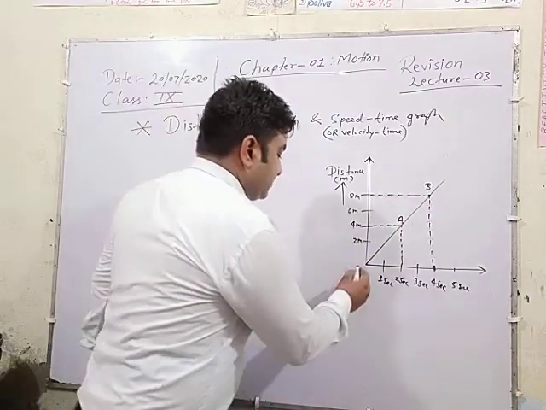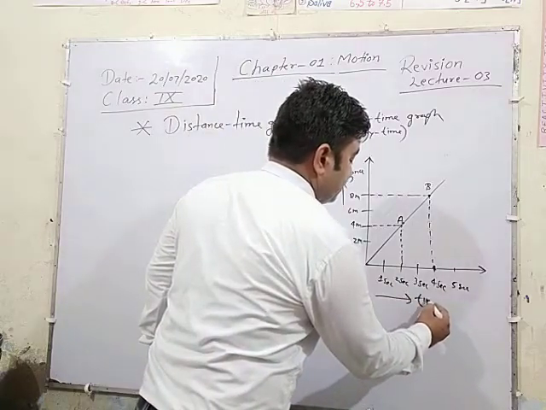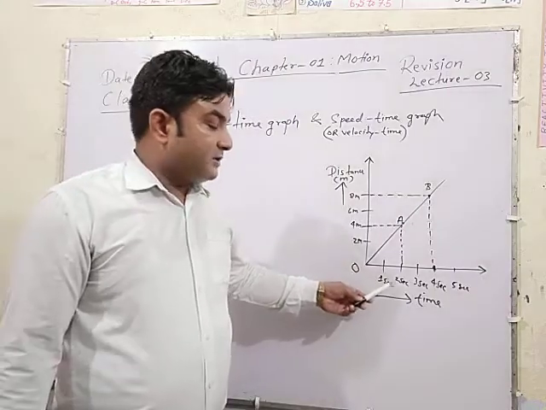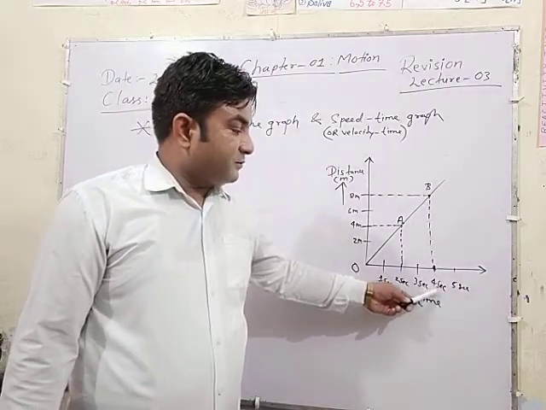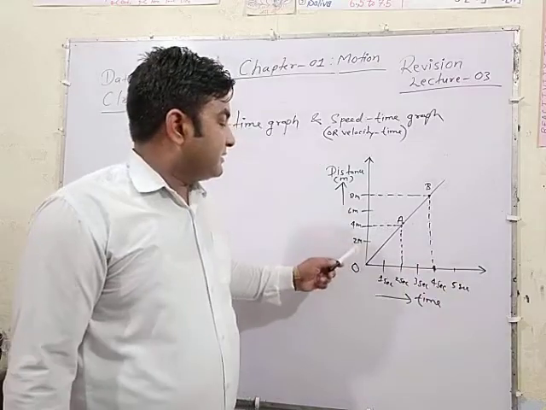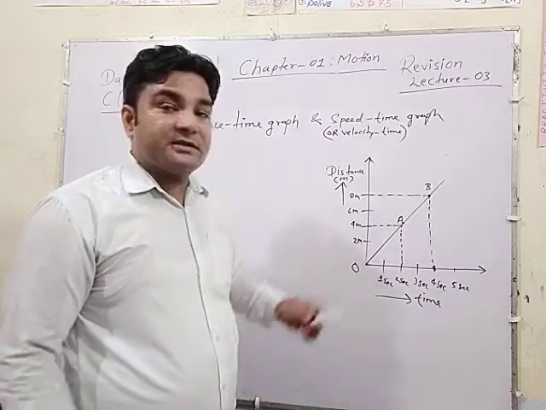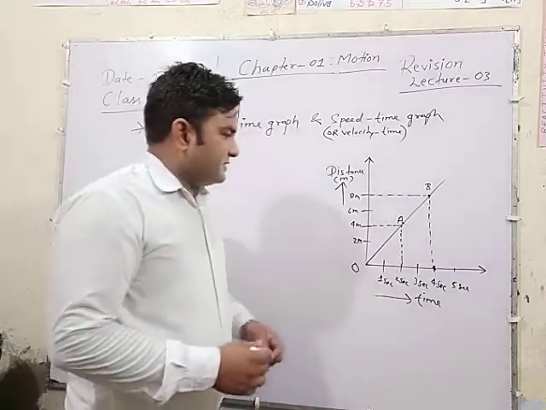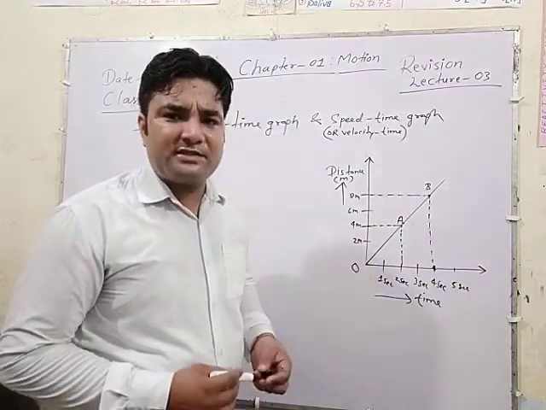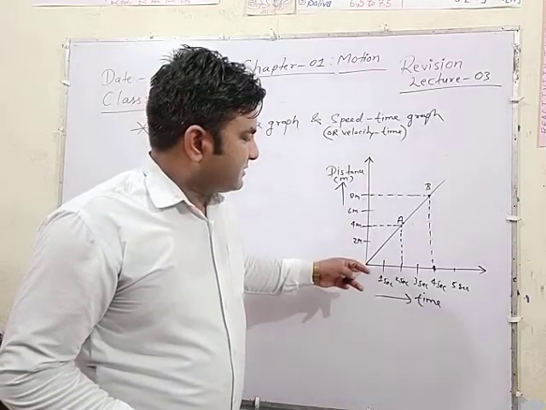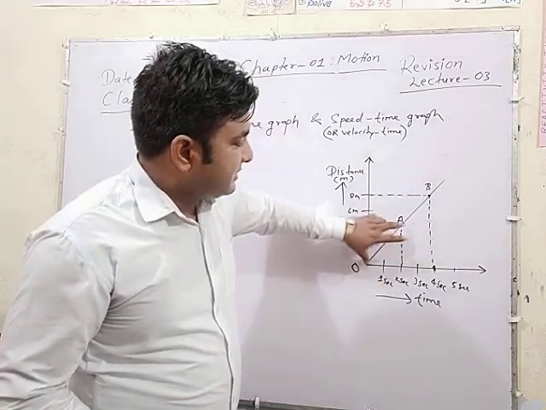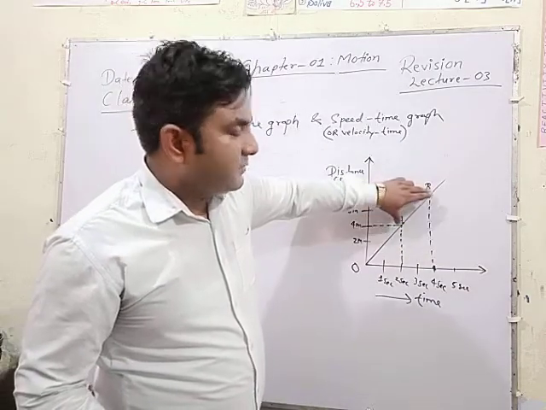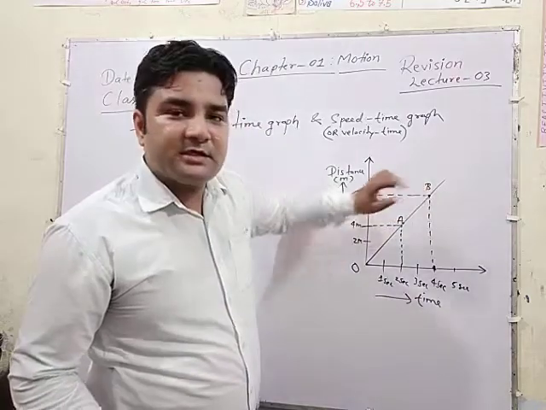Along the time axis the time is 1 second, 2 second, 3 second, 4 second and 5 second, and here the distance is 2 meter, 4 meter, 6 meter, 8 meter. We have to calculate the speed from A to B. Speed means the slope of the distance-time graph. When we move from O to A, this is the graph, and when we move from A to B, this portion is the graph.